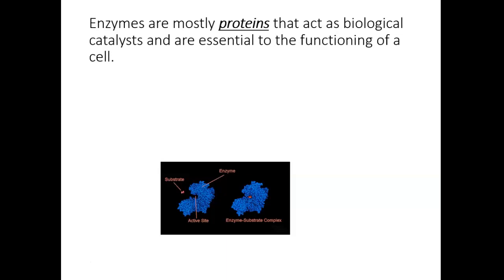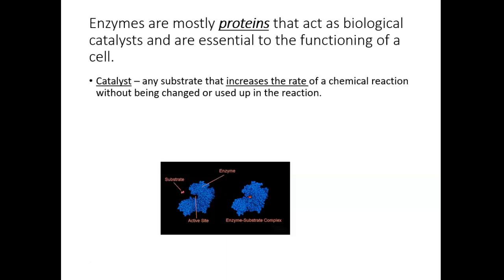So enzymes, what are they? Basically they are mostly proteins and they act as biological catalysts, and they're essential for the functioning of the cell. A catalyst is any substance that increases the rate of a chemical reaction without being changed or used up.